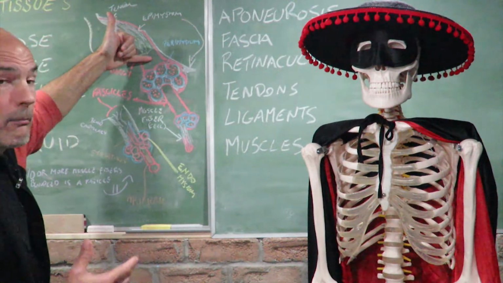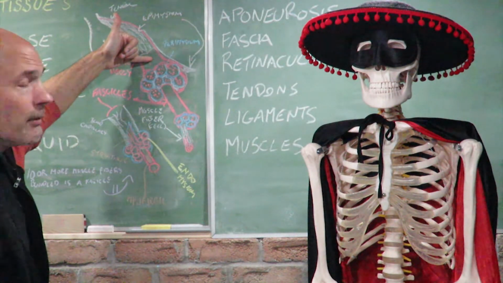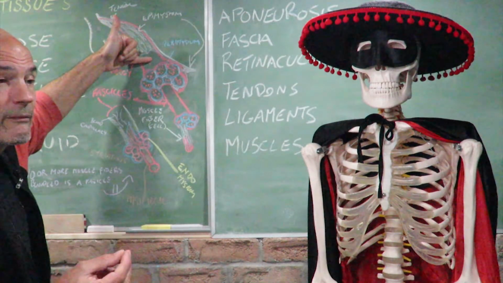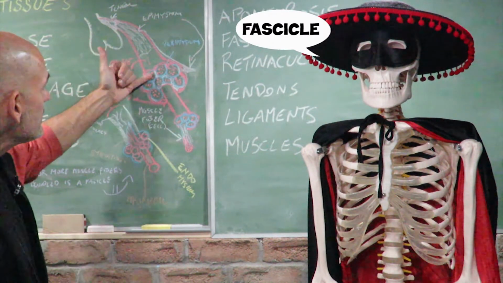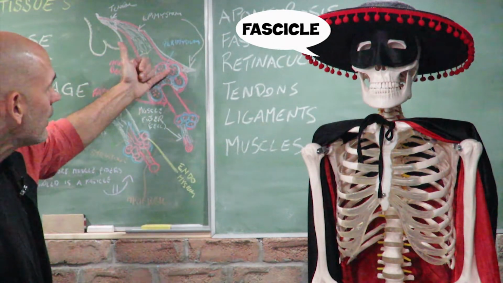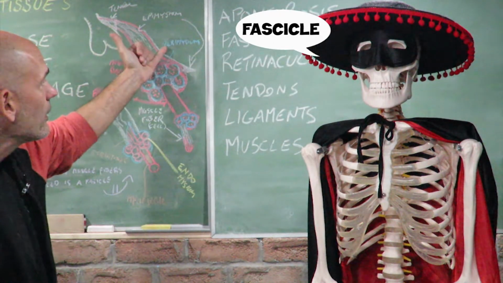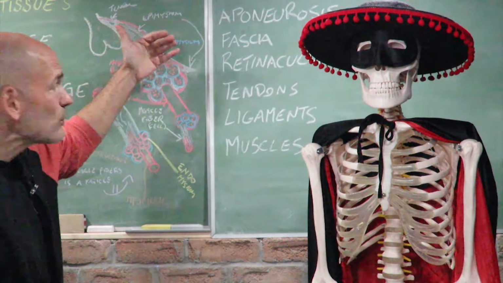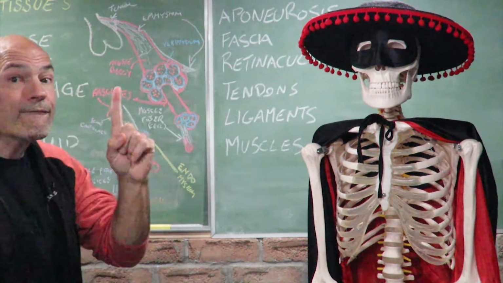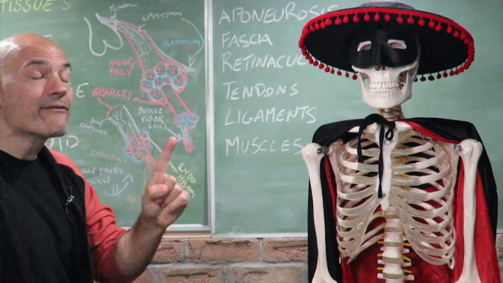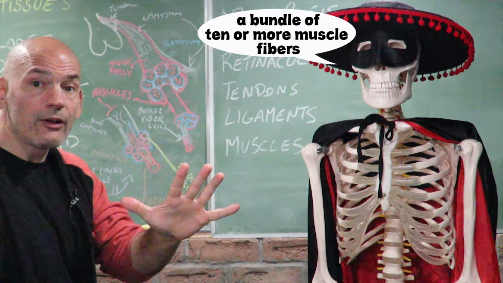Now this muscle is made up of muscle fibers, and a group of 10 or more muscle fibers is called a fascicle. So these, surrounded in blue, are fascicles. That blue is the perimysium surrounding the fascicles. One fascicle is a group of 10 or more muscle cells or muscle fibers.